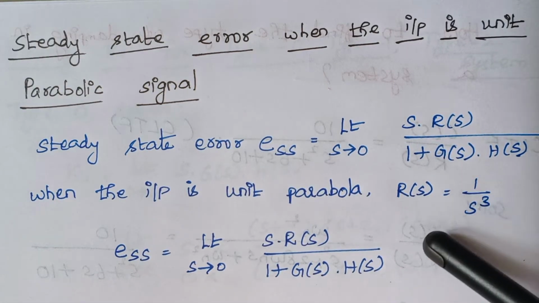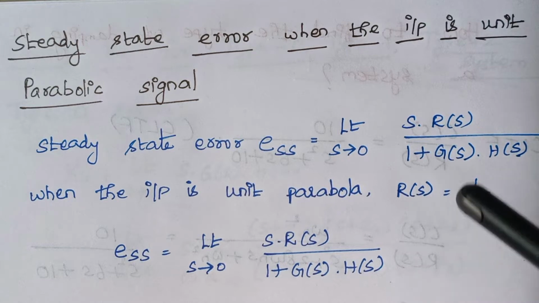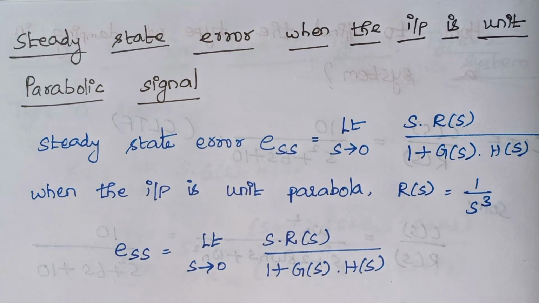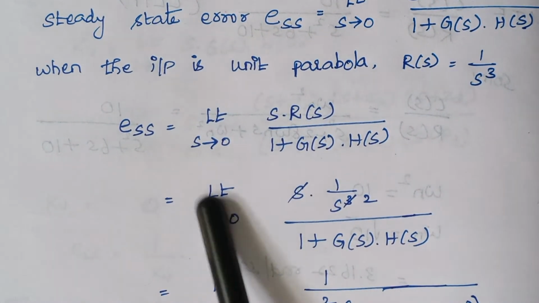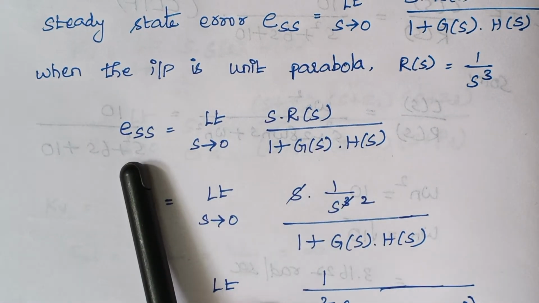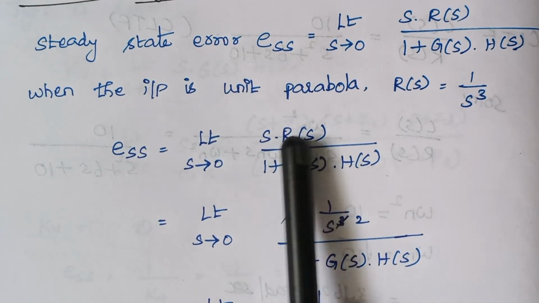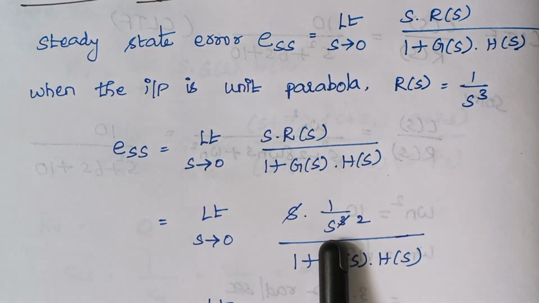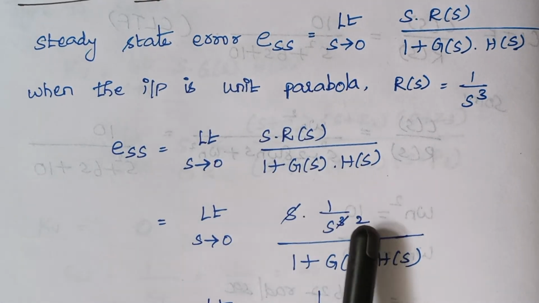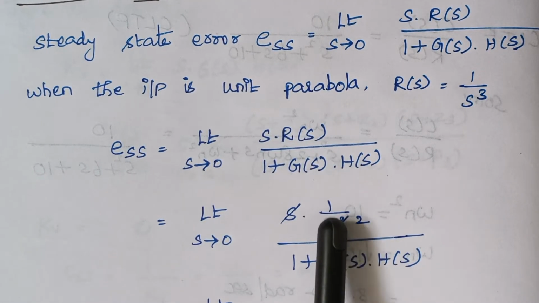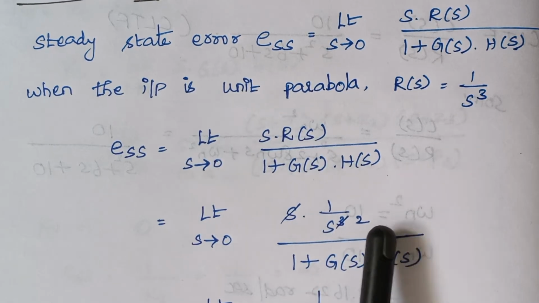Now we are going to substitute the value of 1 by s cube in the above expression. So here this is our expression for steady state error, and in the place of R(s) I have substituted 1 by s cube. Now this s and one s will get cancelled and the remaining will be s square.